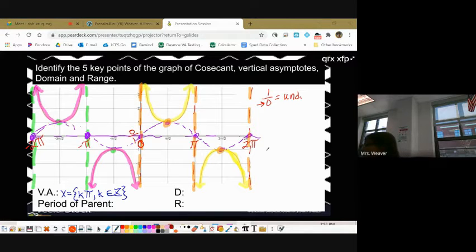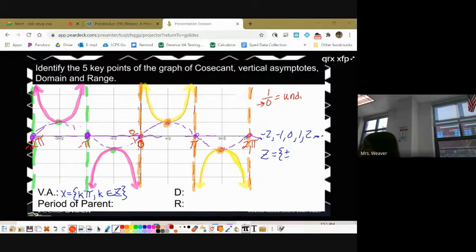Remember, capital Z stands for the integers. And the integers is the set of all positive and negative whole numbers. So like negative 2, negative 1, 0, 1, 2, with an ellipsis continuing in both directions. Okay, so the integers are all positive or negative whole numbers.